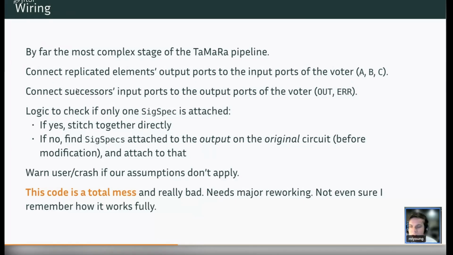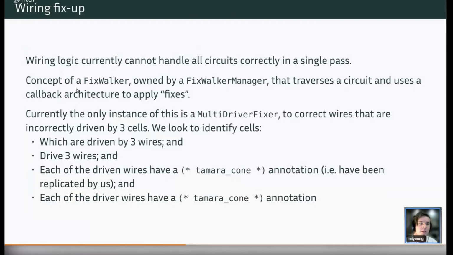Anyway, long story short, the wiring code is very complicated and kind of a total mess and doesn't really work that well. If the algorithm is continued, this would probably be the first target for something that should be rewritten. It's just really not that good. But it can handle simple-ish circuits, but very quickly falls apart if you have multi-cone circuits or any sort of complex, self-referential looping like RTLIL.